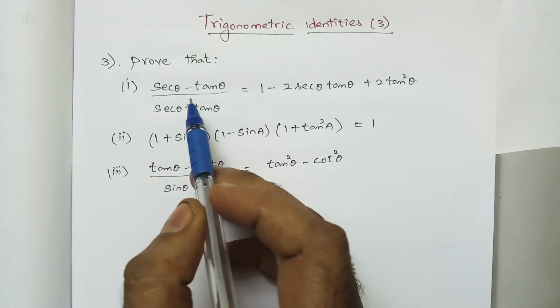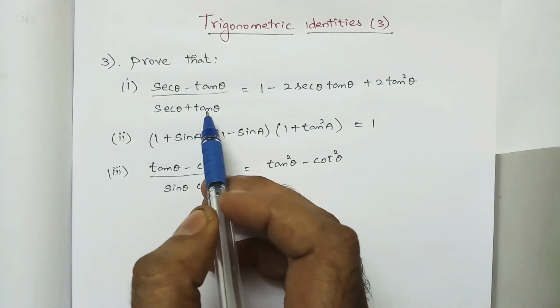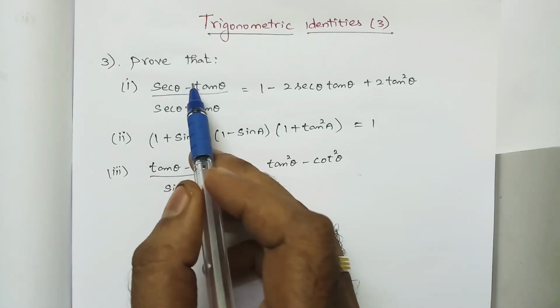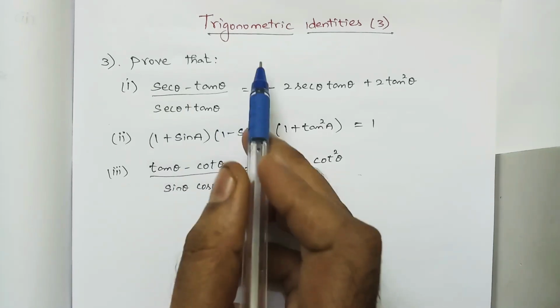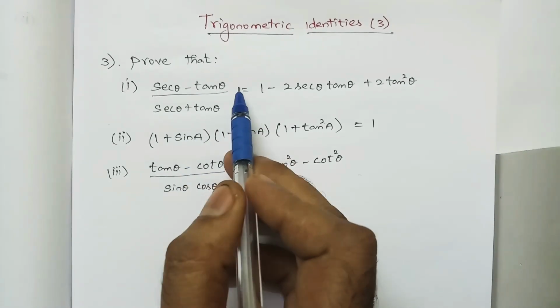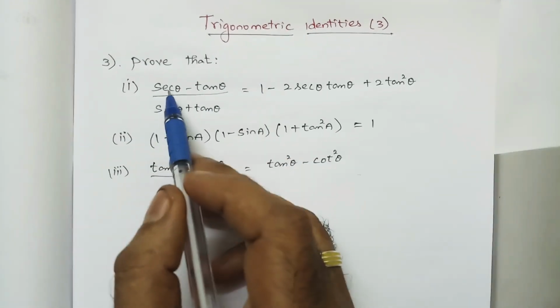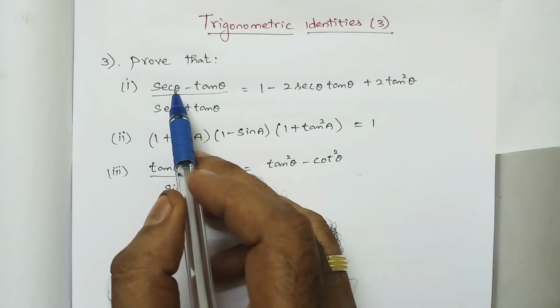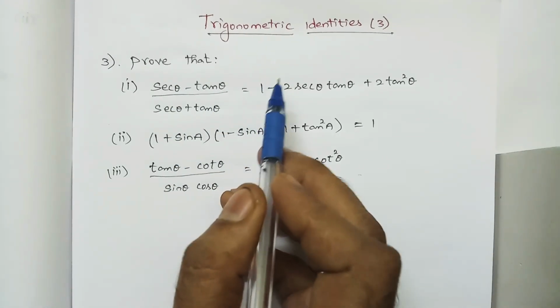The LHS is sec theta minus tan theta divided by sec theta plus tan theta, a single term in fraction form. In the denominator we have two terms, which means rationalize the denominator. Multiplying numerator and denominator by sec theta plus tan theta, in the numerator we get (sec theta minus tan theta) the whole square, that is (a minus b) the whole square.